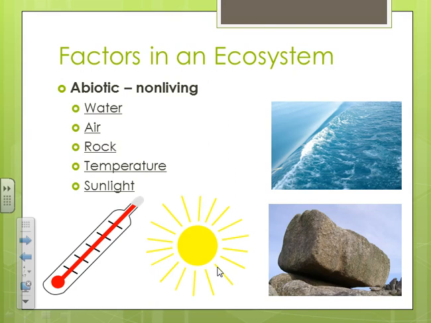If you're talking about the ecosystem's temperature, that would be an abiotic factor. Sunlight would be an abiotic factor. One that is not listed here would be like rainfall. That would be an abiotic factor. Notice that water, air, rocks, temperature, sunlight, all those things are not living.